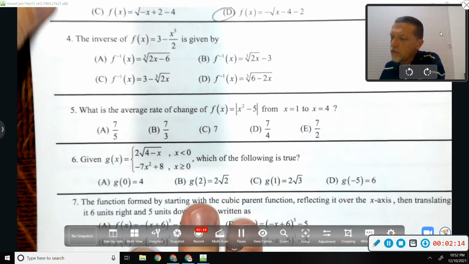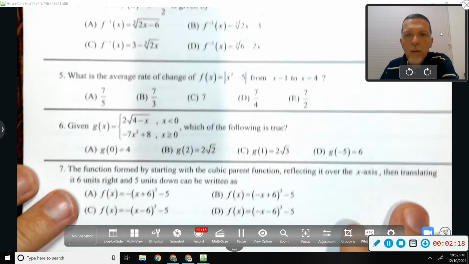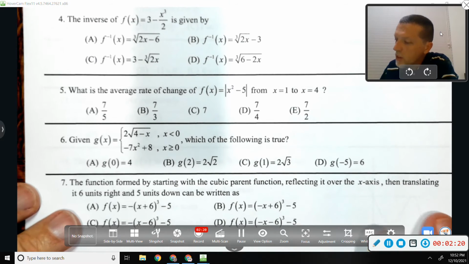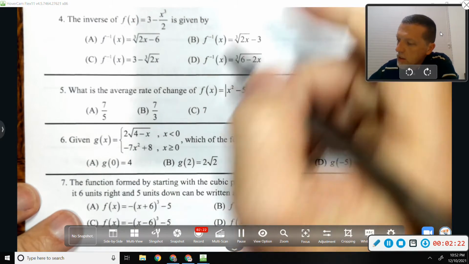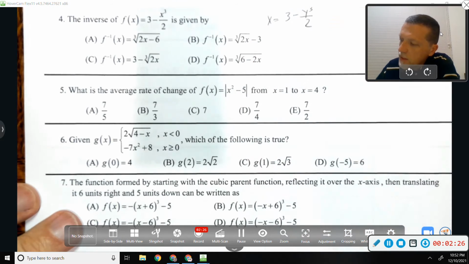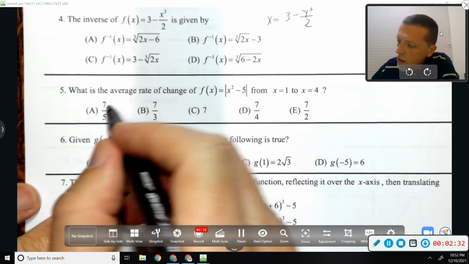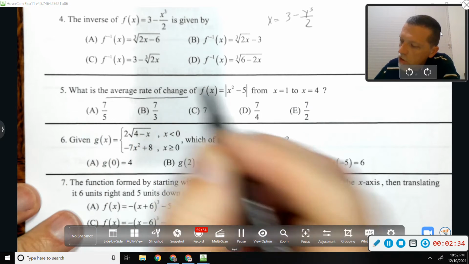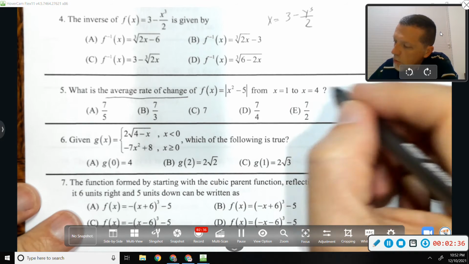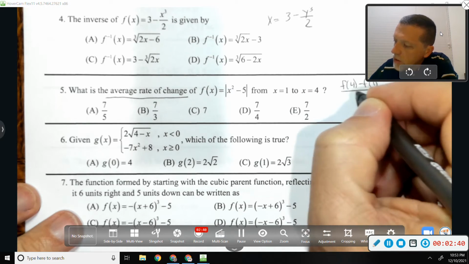Number 4, inverse is switch x and y and then solve for y. I'm only doing the odds, so I may mention things in passing or get started, something like that, and then solve that for y, and you'd have your inverse. Number 5, average rate of change. Average rate of change from 1 to 4. So that's f of 4 minus f of 1 over 4 minus 1.